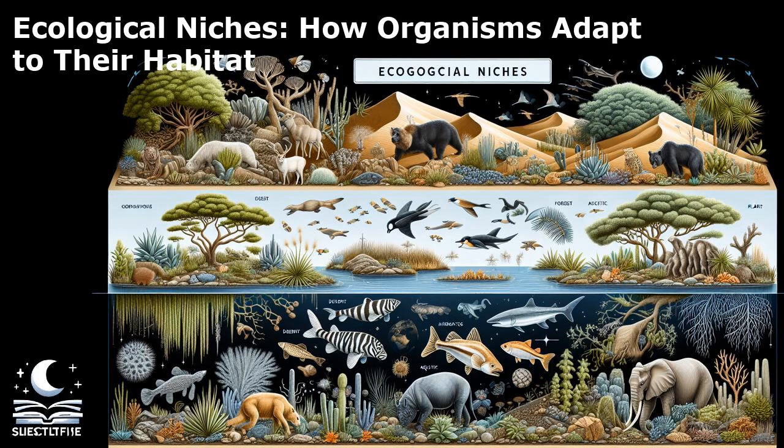Competition among species for limited resources is a fundamental driver of ecological dynamics, shaping the structure and function of ecosystems. In the African savanna, the iconic competition between lions and hyenas for prey is a classic example of interspecific competition. Lions are powerful predators known for their strength and hunting prowess, while hyenas are skilled scavengers capable of outcompeting lions for food.